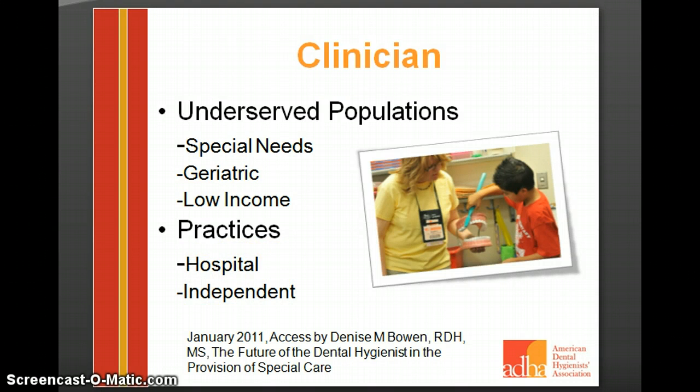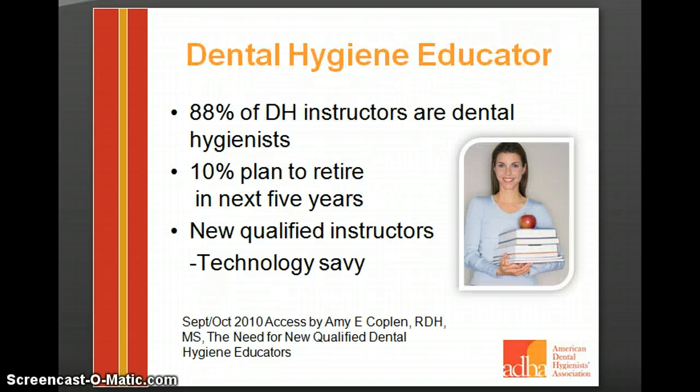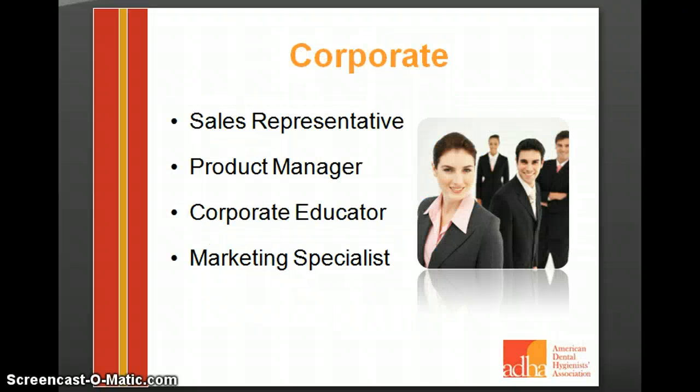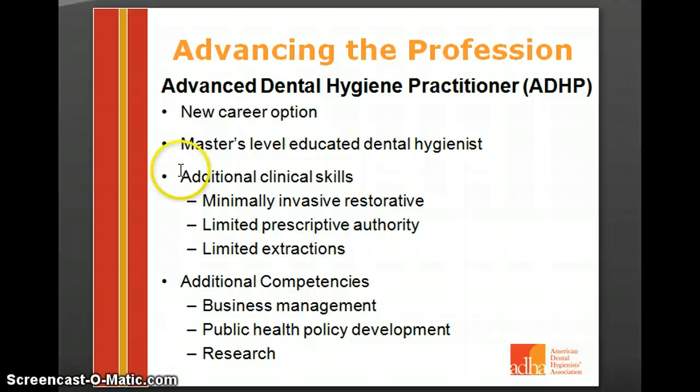There's also, of course, public health, dental educator, researcher, corporate, lobbyist, and then of course my favorite, the advanced dental hygiene practitioner. So they can pick any of those topics, and then of course there are subcategories to those.